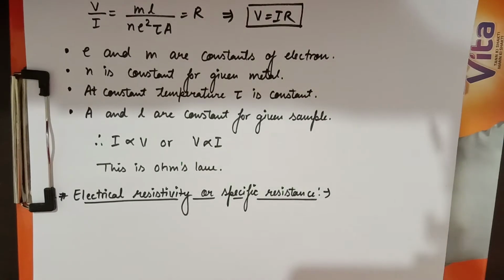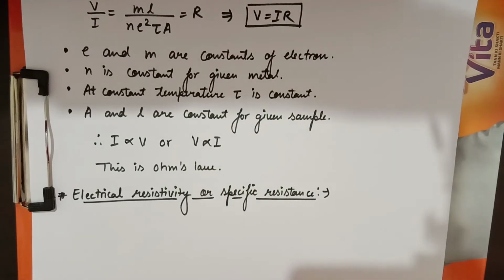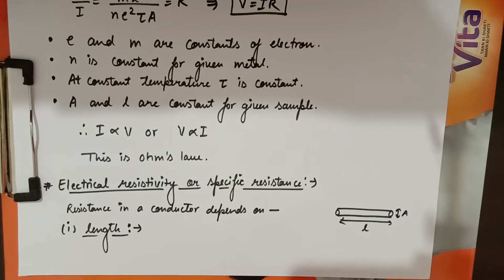We have seen in Ohm's law V equals IR, where R is the resistance of the conductor. But in a conductor, the resistance depends upon the following factors. Number 1, length.